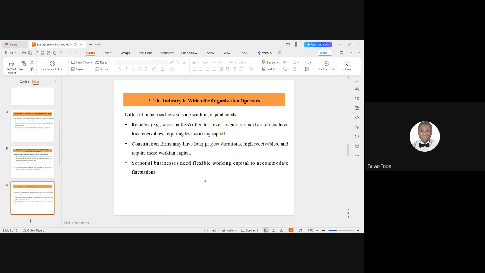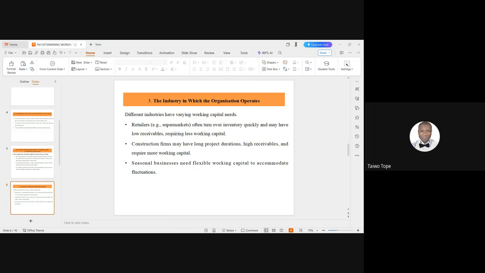So there is need surge during peak production period, but fall during off seasons. So a toy manufacturer may build up inventory months before the peak period, let's say December, tying up cash until holiday sales generate revenue. So these are some of the industry specific issues that affect working capital.